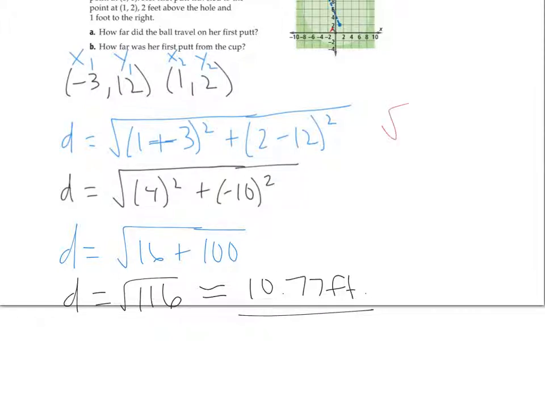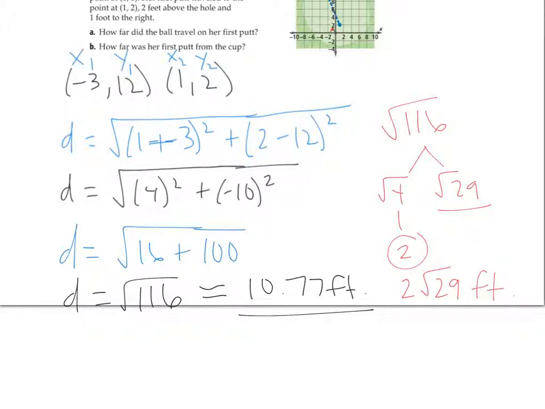I'm going to think of a perfect square that goes into 116, which would be 4 and 29. And the square root of 4 is 2. 29 cannot be broken down. So I could say 2 square roots of 29 feet would also be an acceptable answer. So both of these answers would be correct.